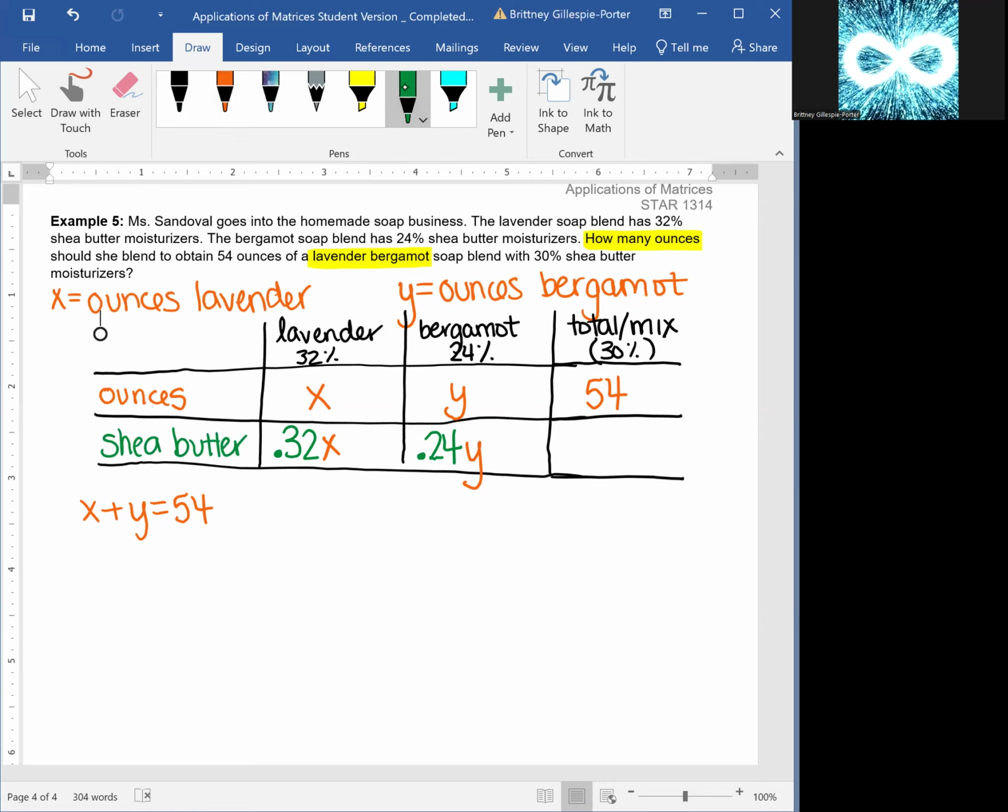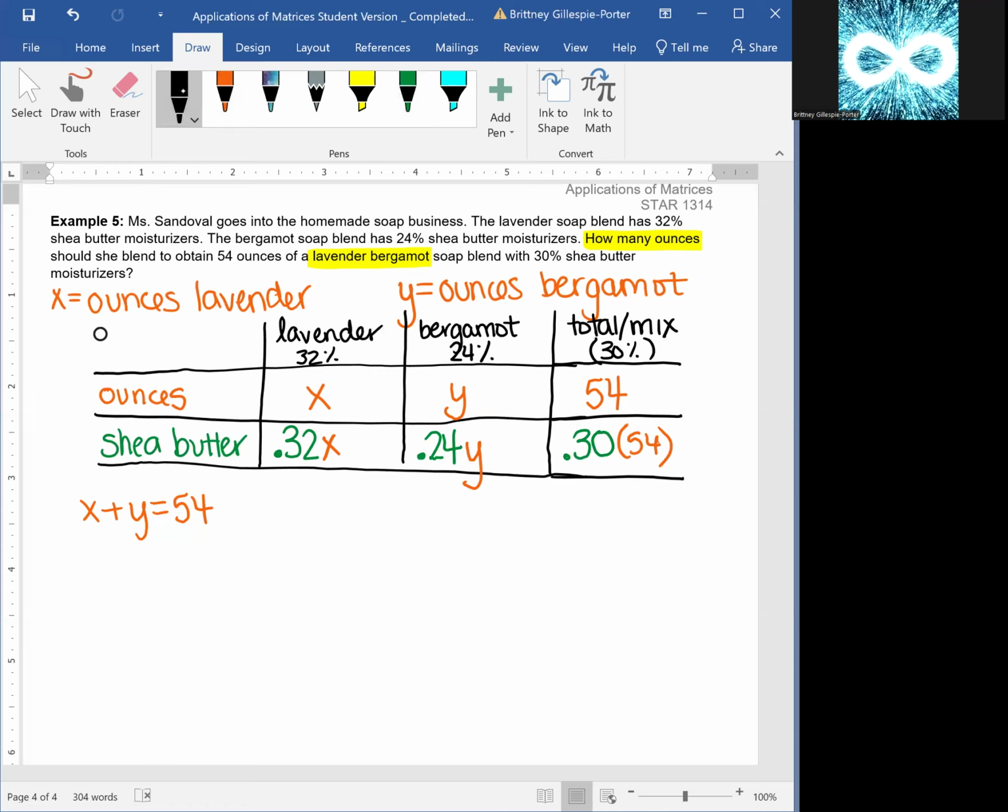And then for our total, our mixture, we know we want 30% of our total to be shea butter. 30 divided by 100 gets us 0.30 or 0.3, of means times, and this time we didn't have a variable. We said we know we want to wind up with 54 ounces.